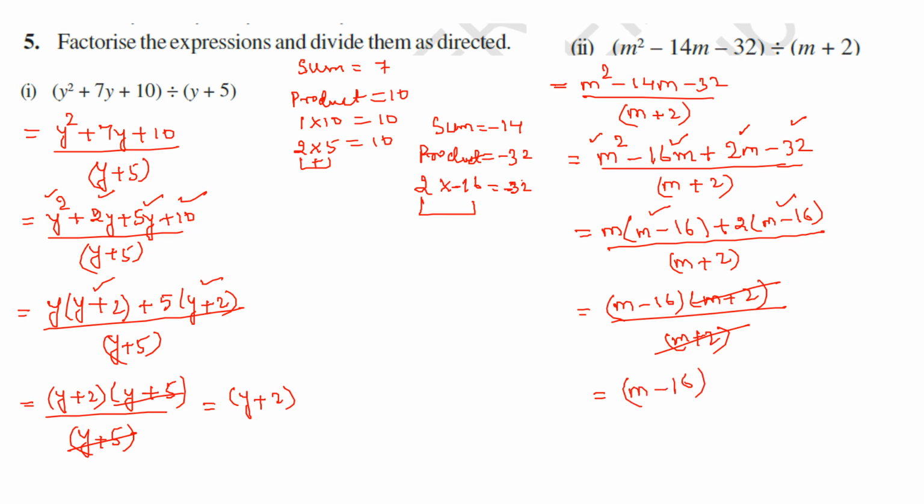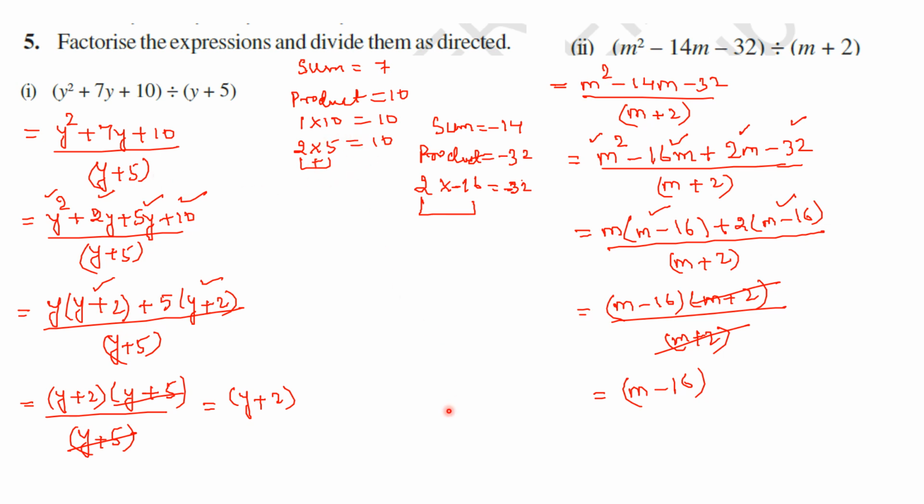Okay, so now in this type of question, you will get one short trick from the denominator also. See, denominator is m plus 2. It means one of your factors will be 2. When you split this, you will have one of the factors as 2, which you can see here, 2 into minus 16. In the first question, if you have seen, one of your factors was 5, which was present in the denominator, y plus 5, isn't it?